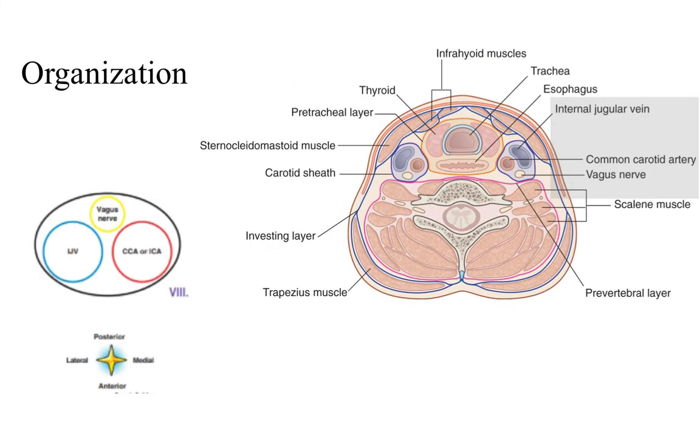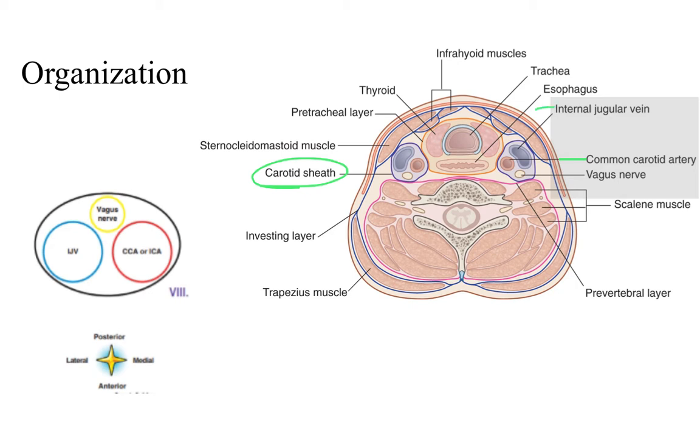All right, if we look carefully at the carotid sheath right here, remember we said that there were 3 structures in there: 1 artery, 1 vein, and 1 nerve. So specifically, it's going to be the common carotid artery that's in there, and you notice that is more medial, just on either side of the esophagus.